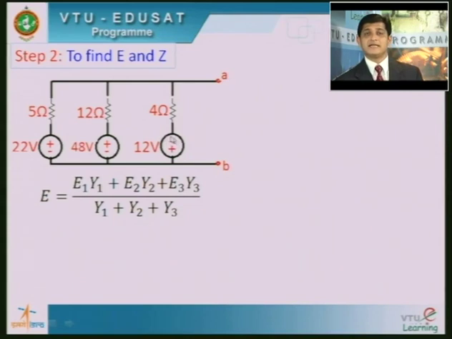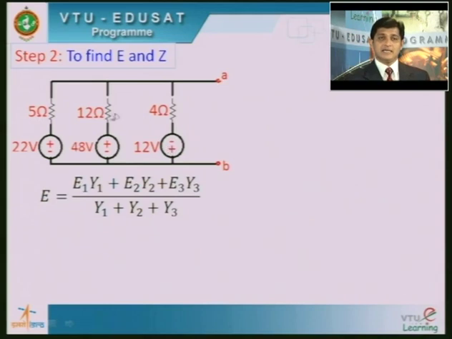You need to be really careful regarding the polarities of the EMFs that are given. So if E1 is 22 and E2 is 48, E3 has to be minus 12, mind you. It is minus 12, not plus 12, because of the opposite polarity given here.